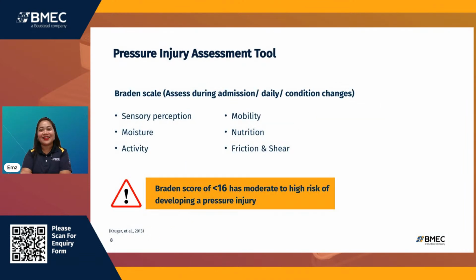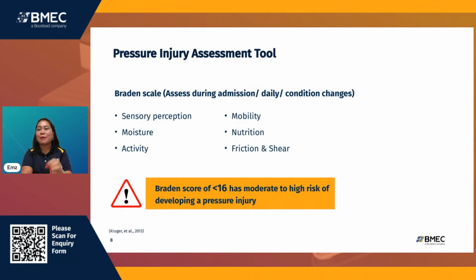Okay, next slide please. This is the assessment tool. How do we detect? Early detection is very, very important, and this tool will help you with the 6 areas to know in the assessment of pressure ulcer. The 6 areas are sensory perception, moisture, activity, mobility, nutrition, and friction and shear.